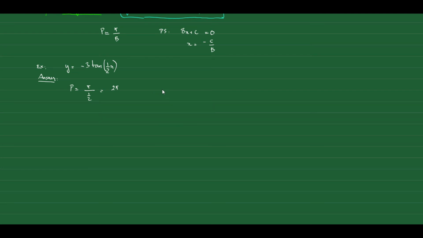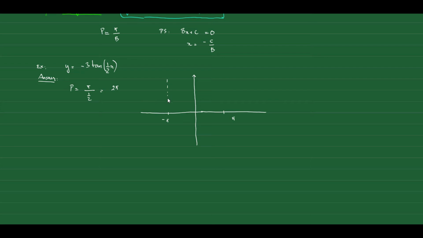So we're going to do the parent function first. The period will be 2 pi, so it will be pi here and negative pi here.